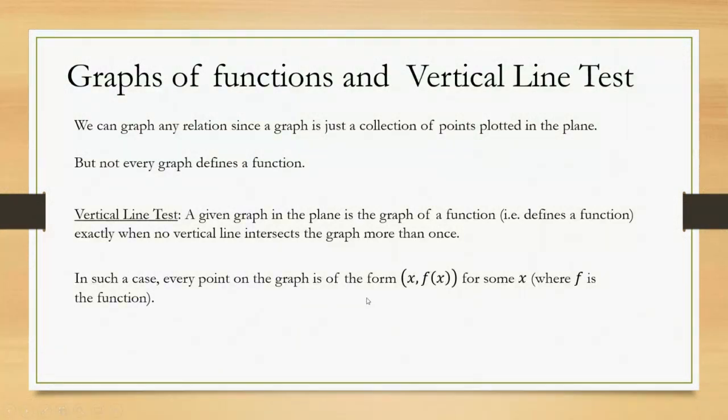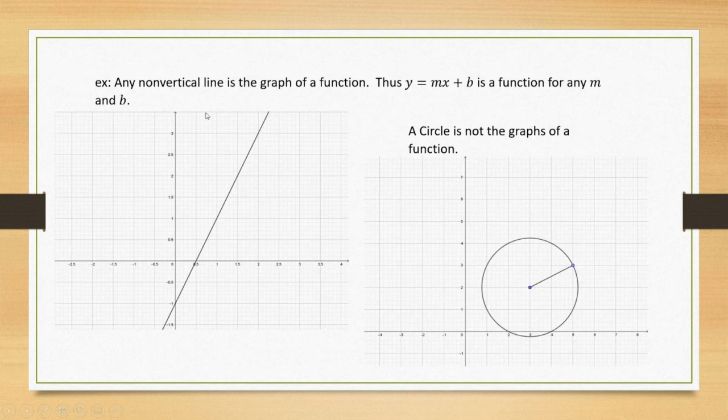Just like remember, if a relation is a function, you could think of every ordered pair in that relation as looking like this. Take graphs. What's nice is a non-vertical line is in fact the graph of a function. It should be easy to see that this line that's not vertical will easily pass the vertical line test.